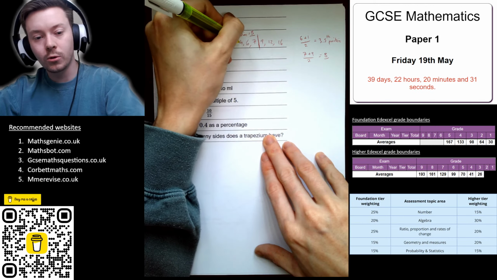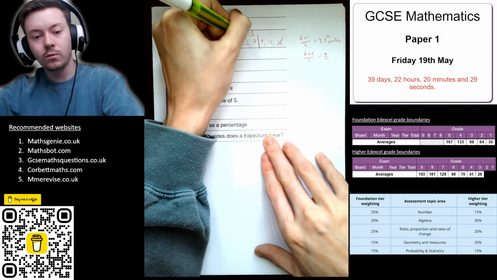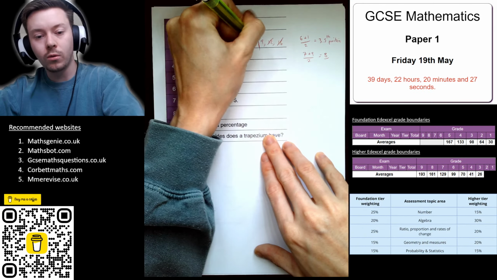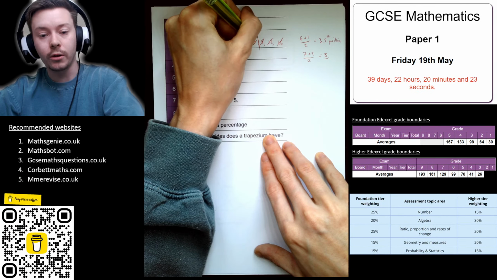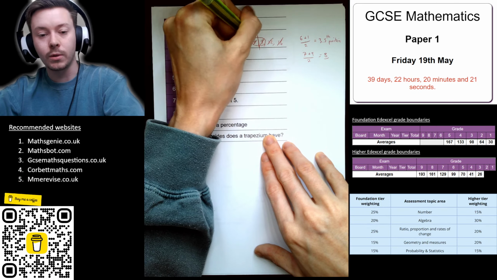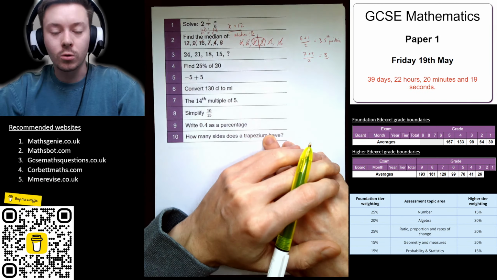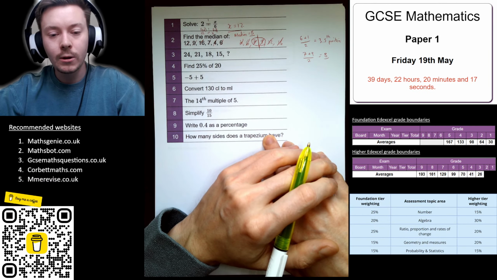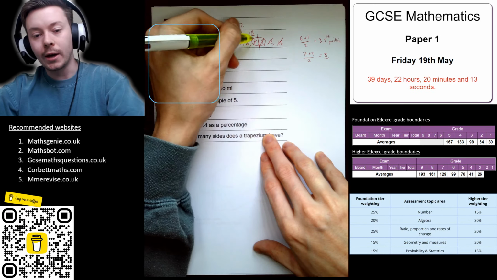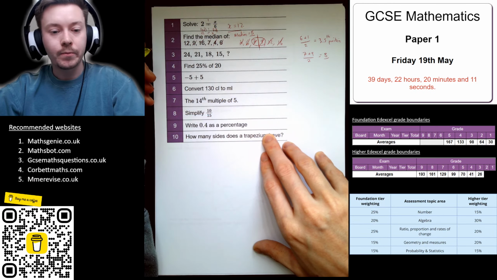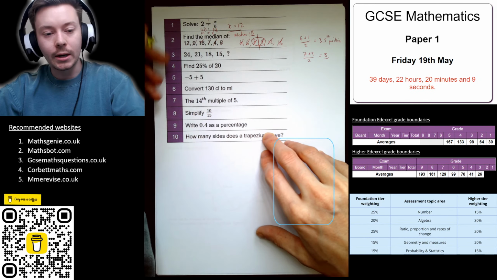So cross them out. 1, 2, 1, 2, 1, 2. Then I've got this number in the middle, or I could have looked at that 7 and 9 and gone, well, it's got to be between those two, because there's two numbers in the middle. And that's how you do it. Okay, and you still get in the middle of 7 and 9 is 8. Okay, next question.